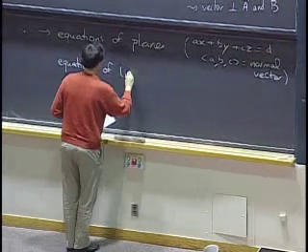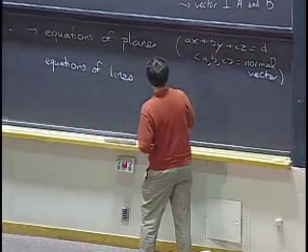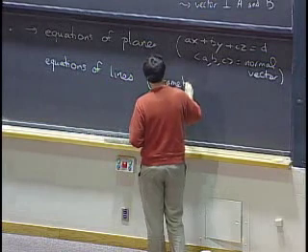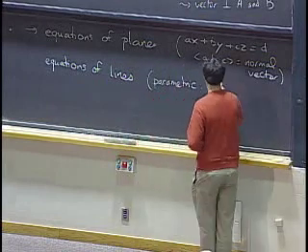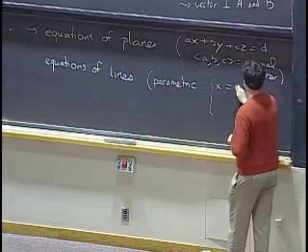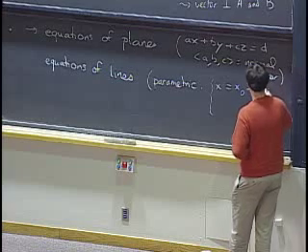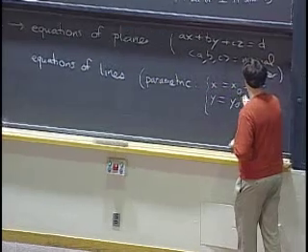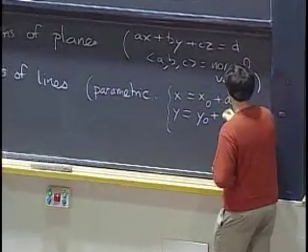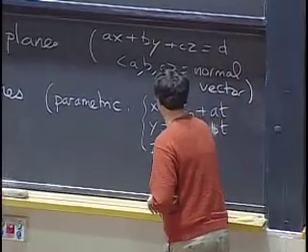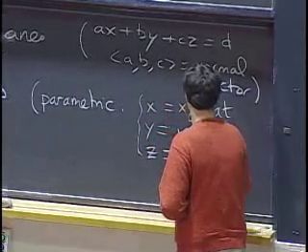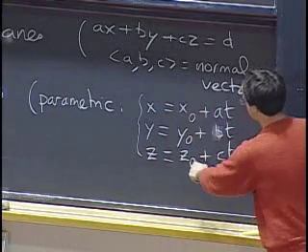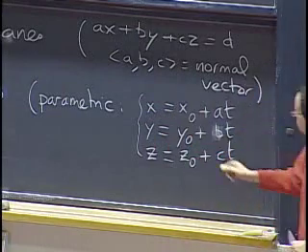Okay, we've also seen how to look at equations of lines. And those were of a slightly different nature because we've been doing them as parametric equations. So typically, we had equations of a form maybe x equals some constant plus some constant times t, y equals constant plus constant times t, z equals constant plus constant times t, where these terms here correspond to some point on the line.